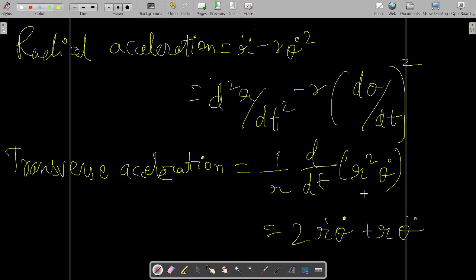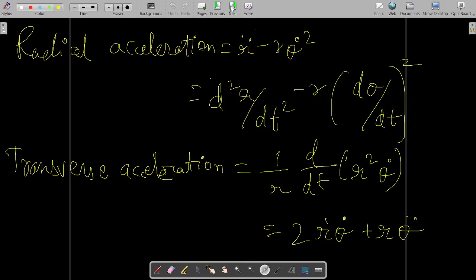You have to mug up these results. When you differentiate by applying the UV rule, represent the single derivative by a single dot and the double derivative by a double dot. Double dot represents differentiation 2 times with respect to the same variable. So these are the formulas you have to remember. The proof of all this we learn in physics, but you are here for maths optional.